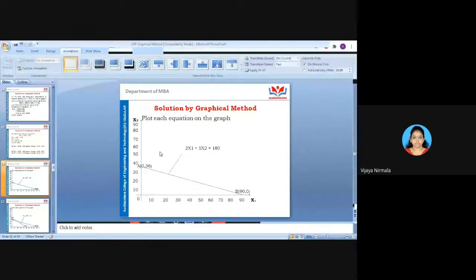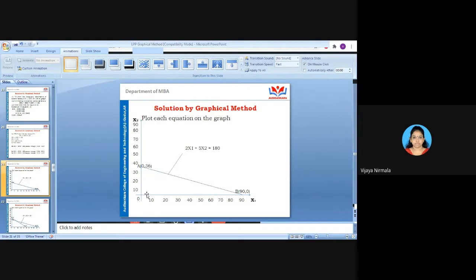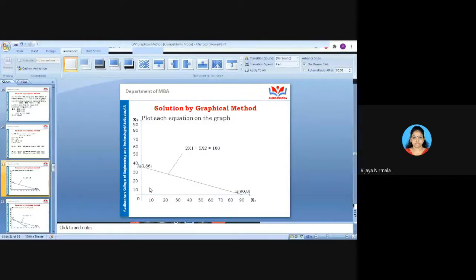For the first equation, 2x1 plus 5x2 is equal to 180, what are the values that we need to plot? 0, 36, in the sense x1, x2. Look carefully, if x1 is equal to 0, then what is the value of x2? 36.